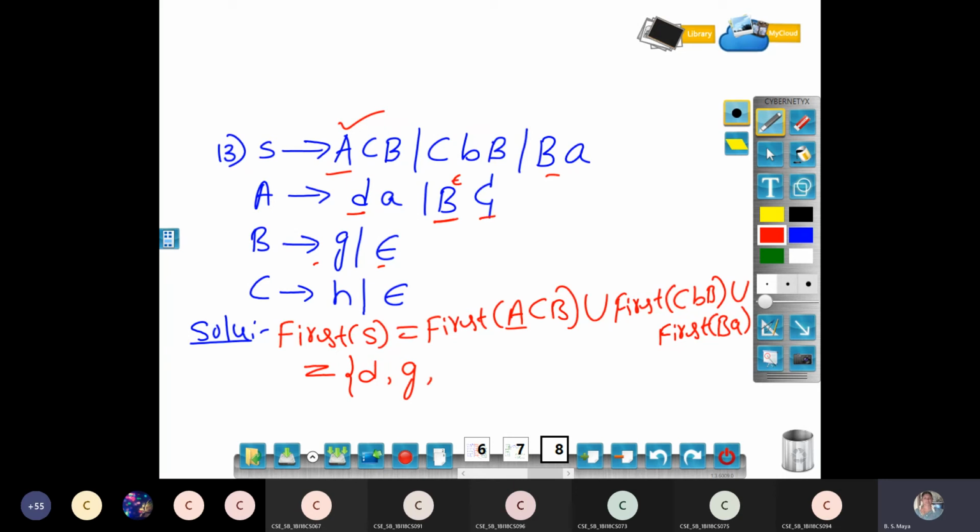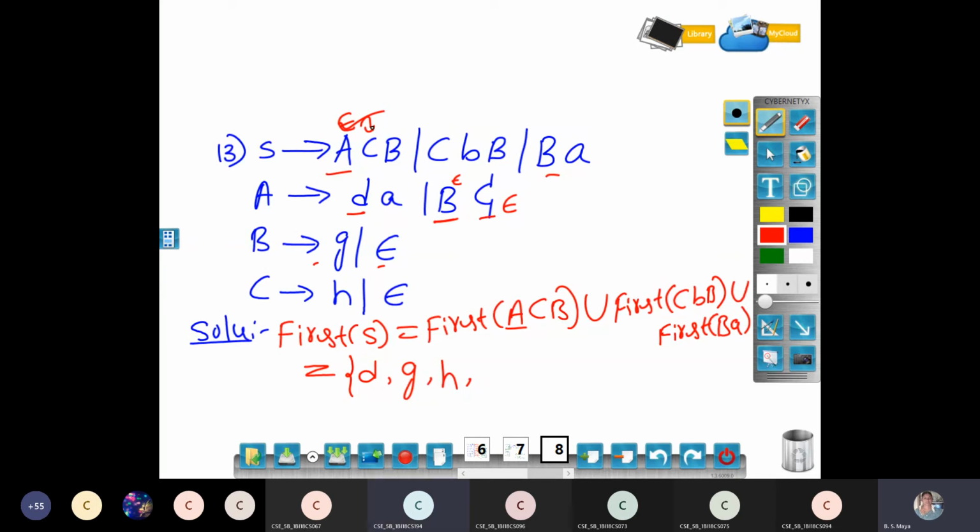If you go for epsilon, H, capital C, where it goes to H. H is also epsilon, and what is there in that? Epsilon for that. A also derives epsilon. Then if you have epsilon, what should we visit now? Capital C. What is capital C? H. I already wrote H. Then epsilon.